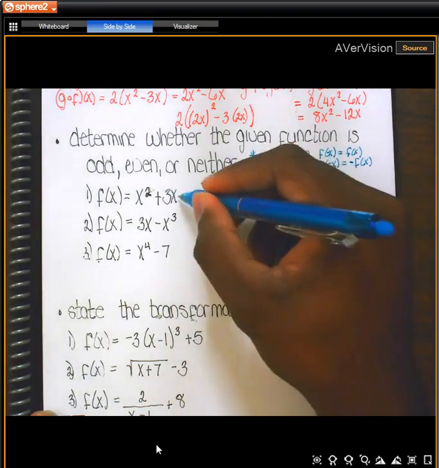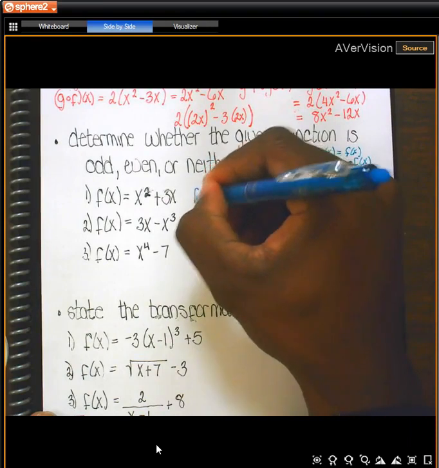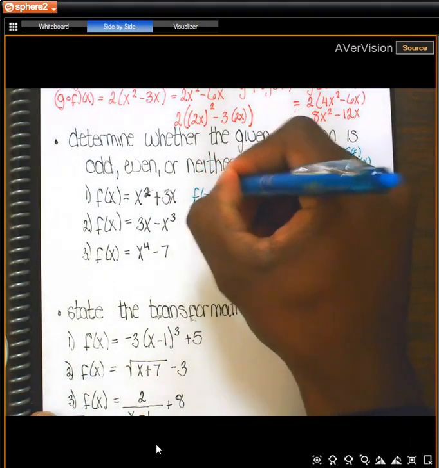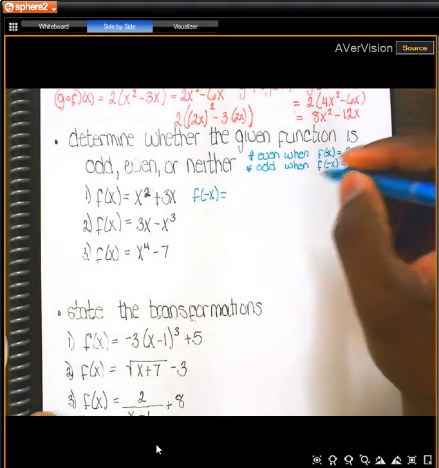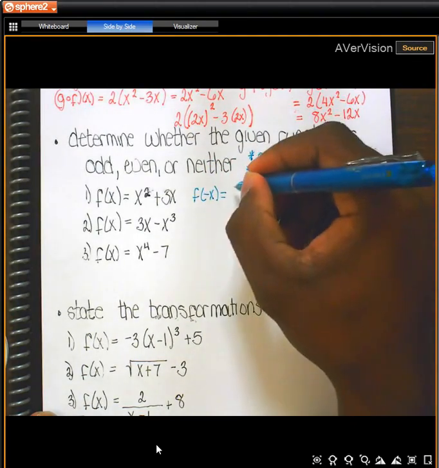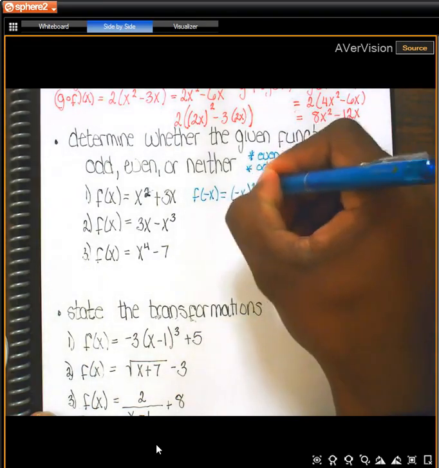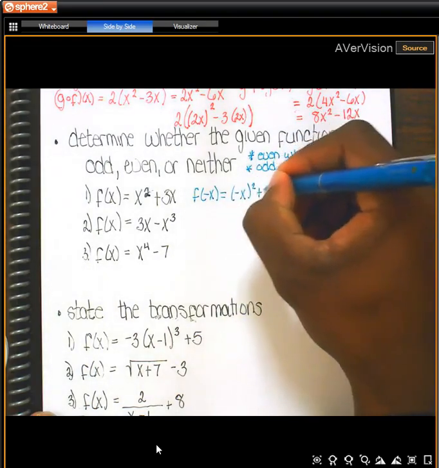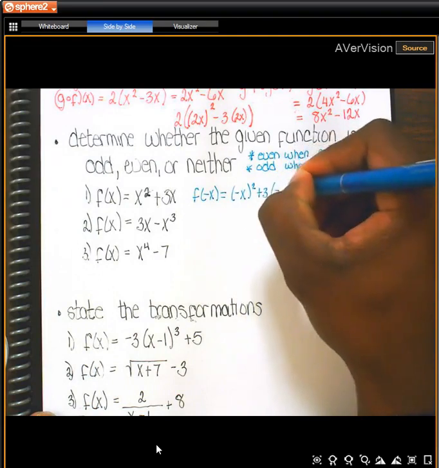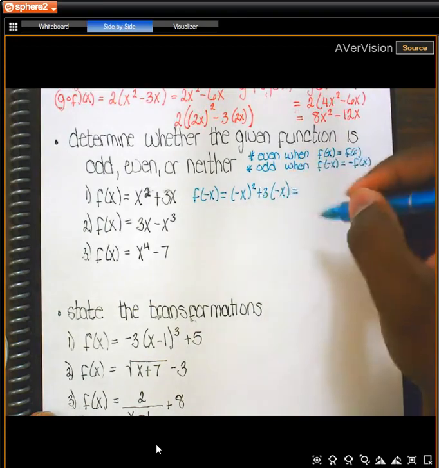So let's see if this one is odd, even, or neither. What is f of negative x for this one? All right, what is negative x squared?